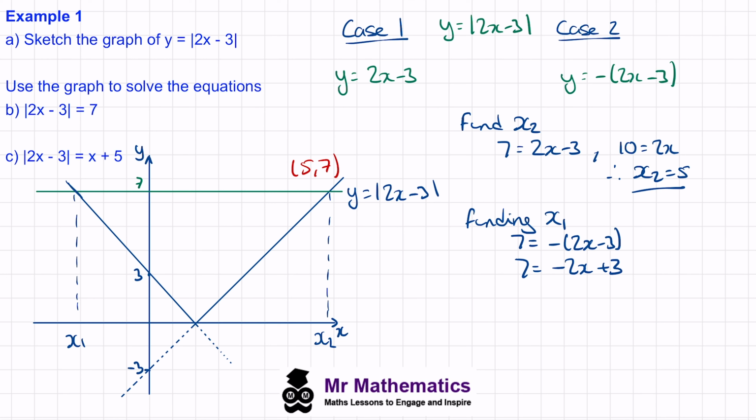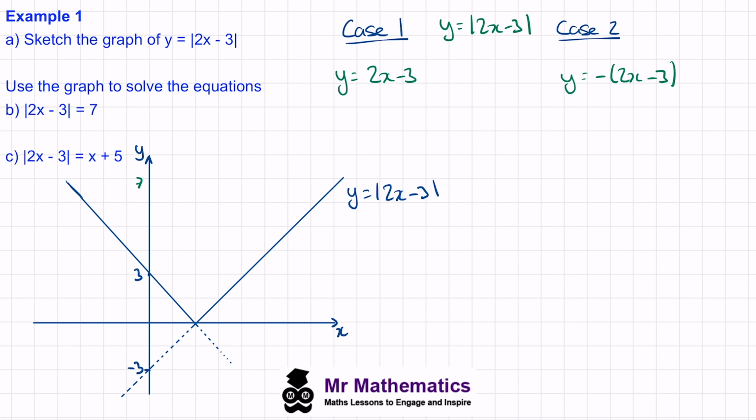We can move the positive 3 to the other side, so we get 4 is equal to negative 2x, so therefore x1 must be equal to negative 2, which is this point here, negative 2 and 7. Okay? So do you want to try and solve question C, where the modulus of 2x minus 3 is equal to x plus 5? You can pause the video, and when you come back, we'll go through the worked solution.